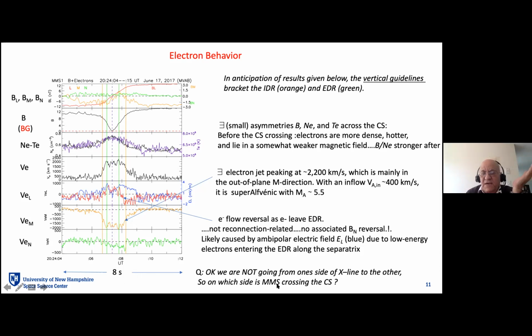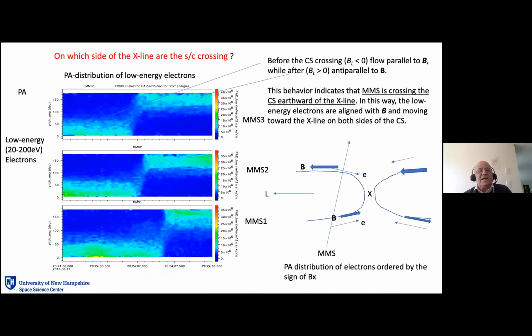So fair enough to ask the question: on which side is MMS crossing the current sheet? And here we have this picture. Remember, we showed a picture of what the electrons should be doing. These are MMS 3, 2, 1, in this order, and here we have the low energy electrons.